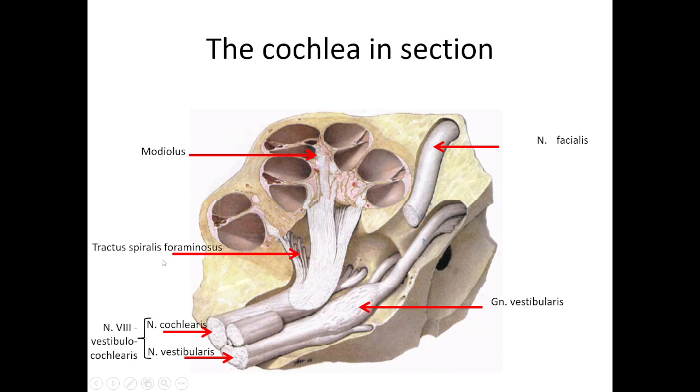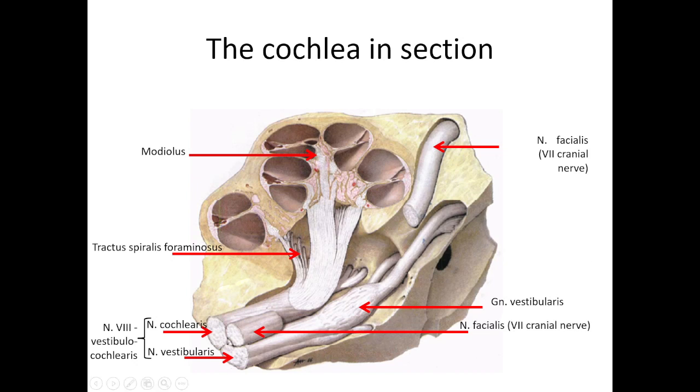So here it is, another nerve which is placed inside of meatus acousticus internus. Nervus facialis. Do you remember the number? Seventh, sure. Seventh cranial nerve, nervus facialis.